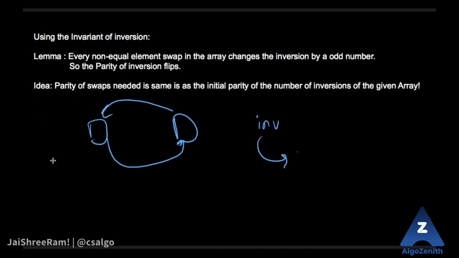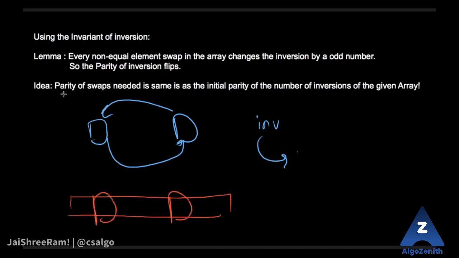Why? Think about an array where you are talking about two elements. For elements outside the two swapped positions, things don't change a lot. There is no new inversion or decrease in inversion caused by them.